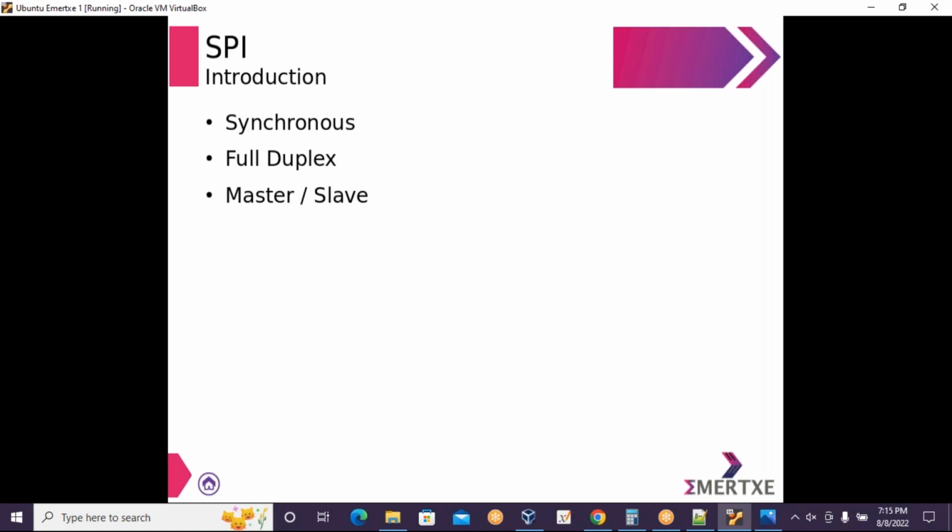Now, as I said, SPI is a Serial Peripheral Interface, and it has three main features. The first one is that it is a synchronous protocol. Now, if it is a synchronous protocol, communication is happening with respect to what?